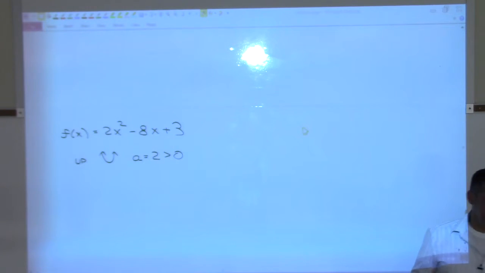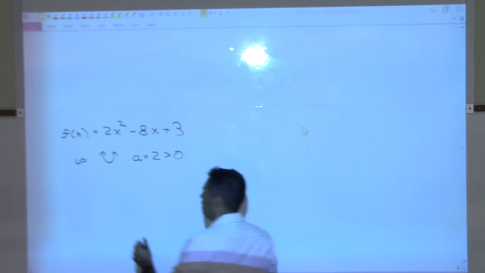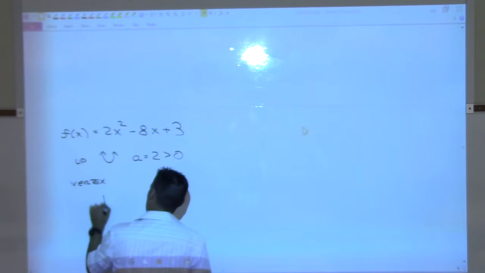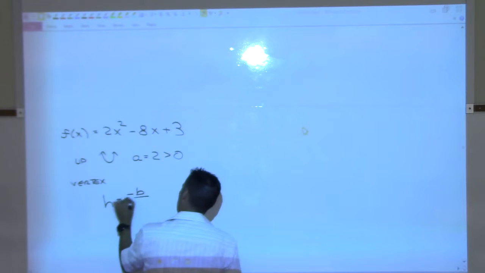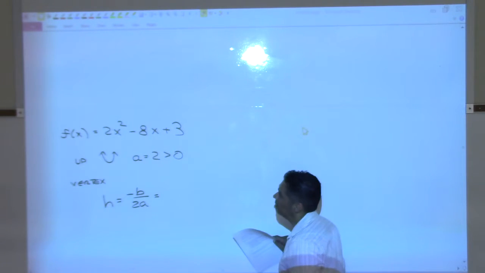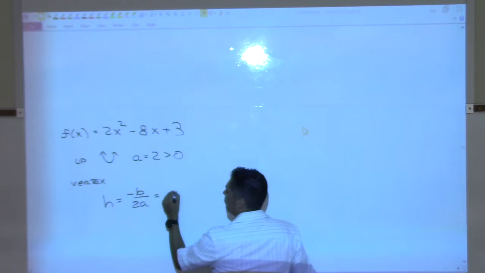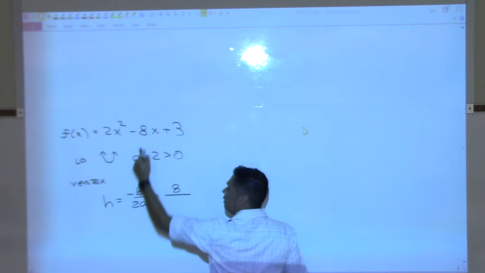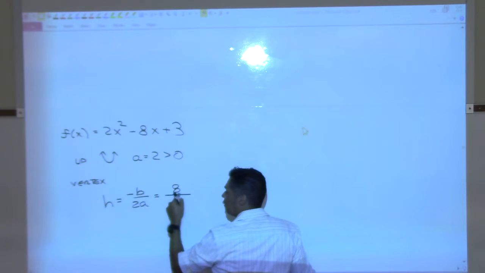What's the next thing? Find the vertex. Okay, so vertex, you find the h first, which is negative b divided by 2 times a. What is negative b for us? It'll be positive 8, right? So because b is negative 8, you're doing negative 8 is positive 8.